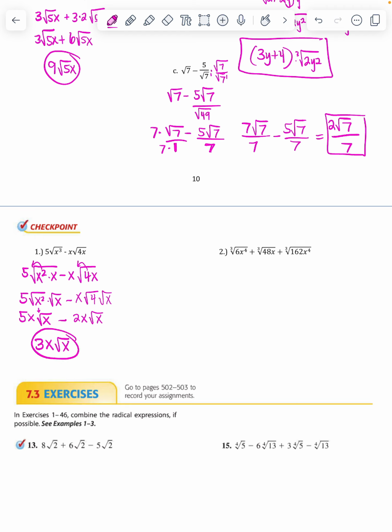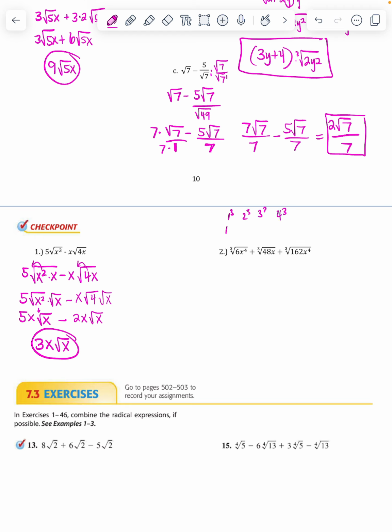Okay. And then for the second one, we've got cube roots here all along, so we're going to want to break up all of these numbers not into perfect squares, but perfect cubes. So the cube root of 6x to the 4th. Well, the perfect cubes, we're dealing with 1 cubed, 2 cubed, 3 cubed, 4 cubed, and so on.